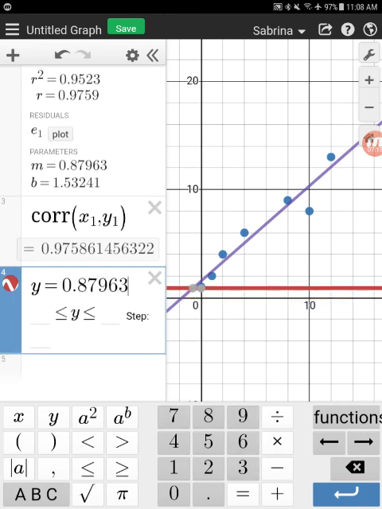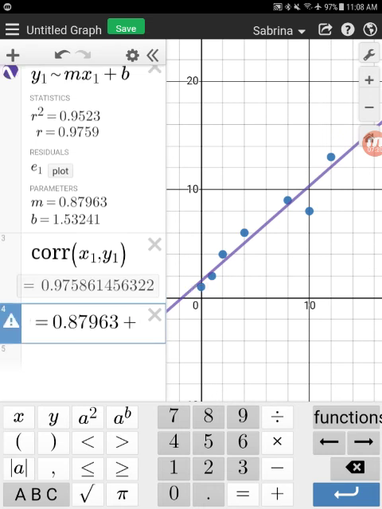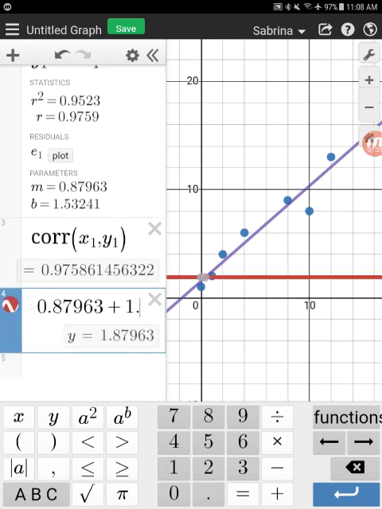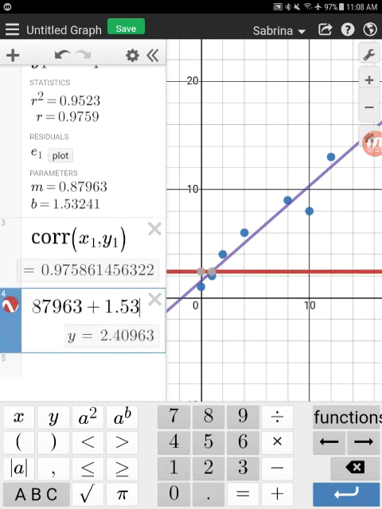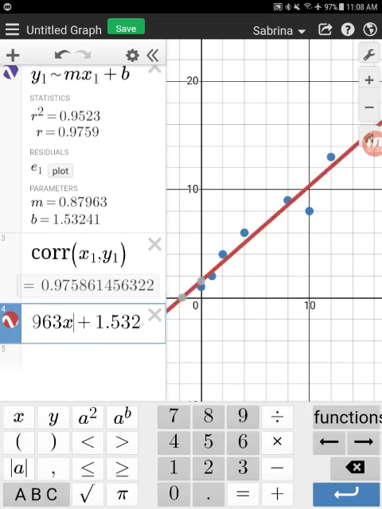And we know b, plus, or if it was a negative, you could say minus, doesn't matter, 1.53241. And do not forget to put in that variable x because you want it in the form of y equals mx plus b. So if you notice, I got y equals mx plus my b.